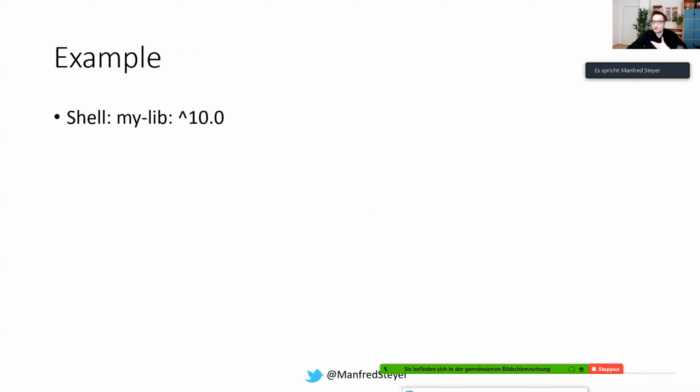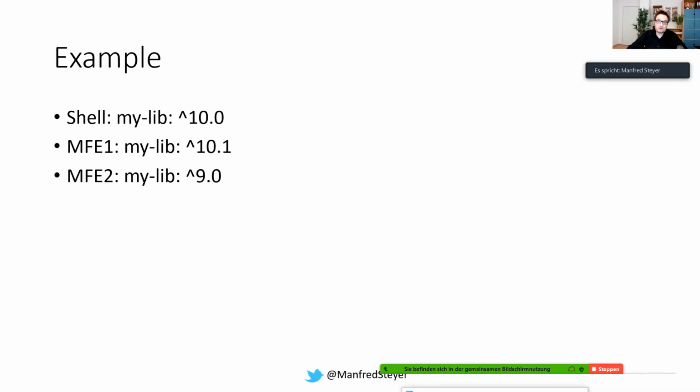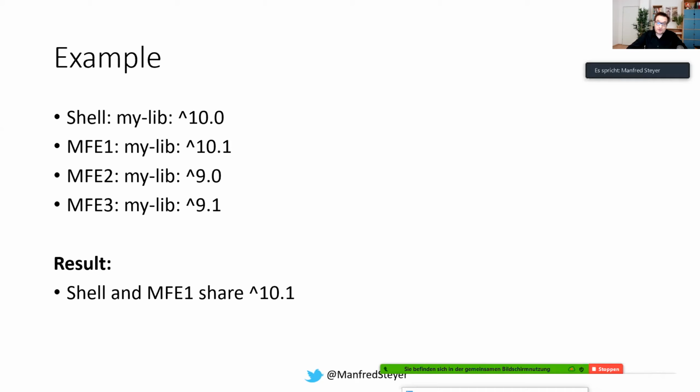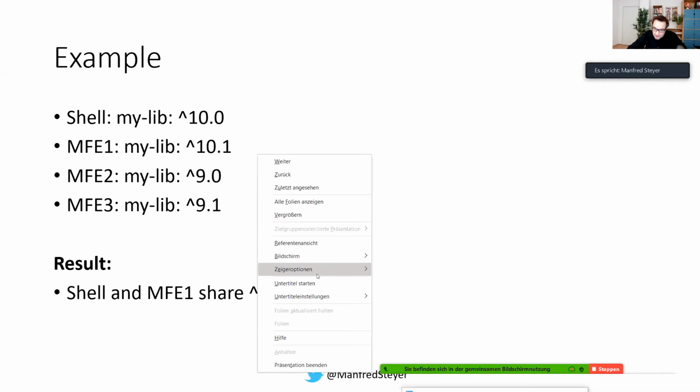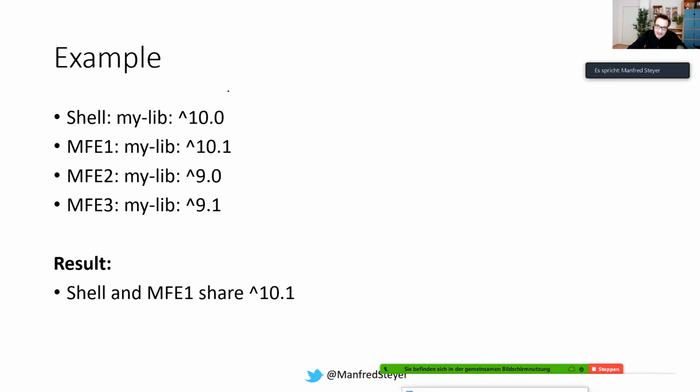Let's say the shell is using a library in version 10, Microfrontend 1 is using 10.1, Microfrontend 2 is using version 9, and Microfrontend 3 is using version 9.1. Now, Module Federation would assign version 10.1 to the shell and the Microfrontend because this is the highest compatible version for both of them.